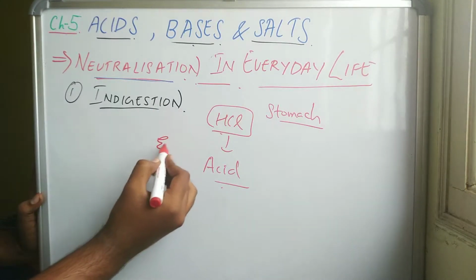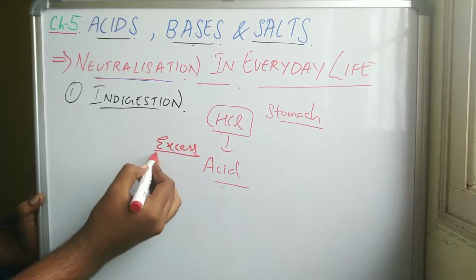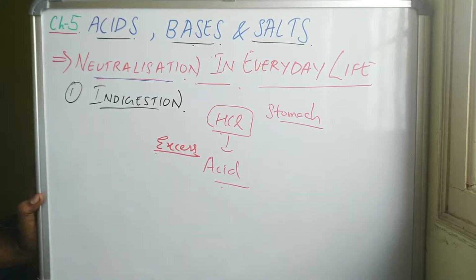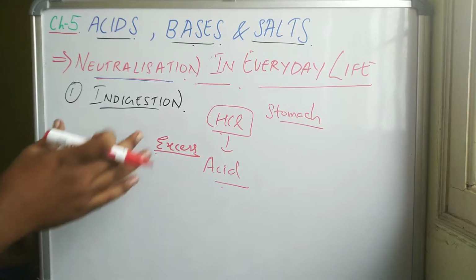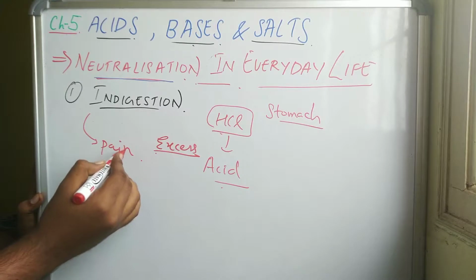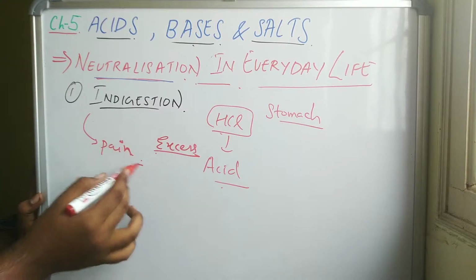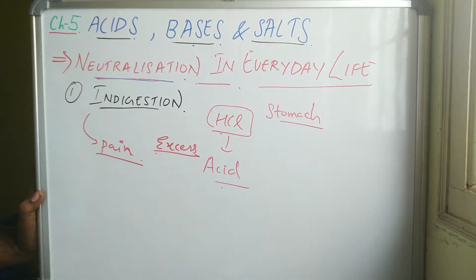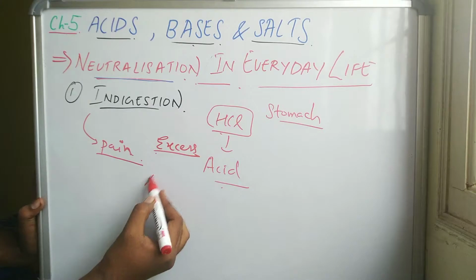So an excess amount of acid in your stomach causes indigestion. Because of that, it may cause stomach pain. To get relief from this indigestion, we have to take an antacid.